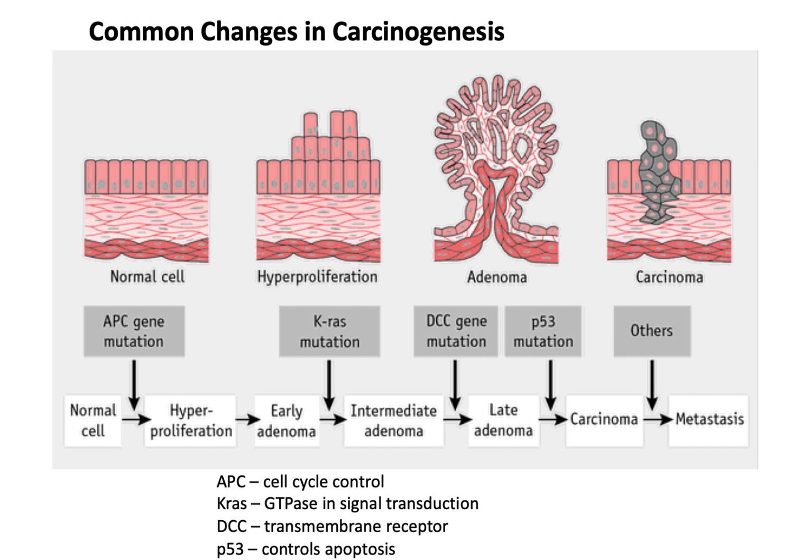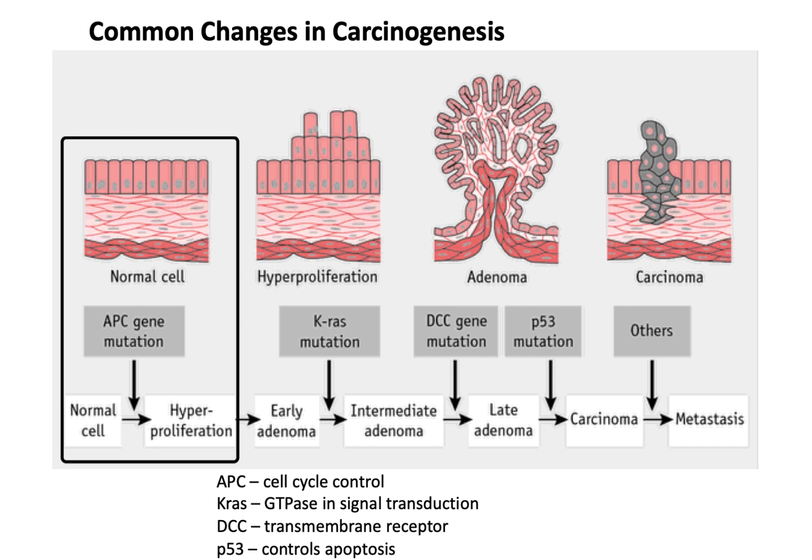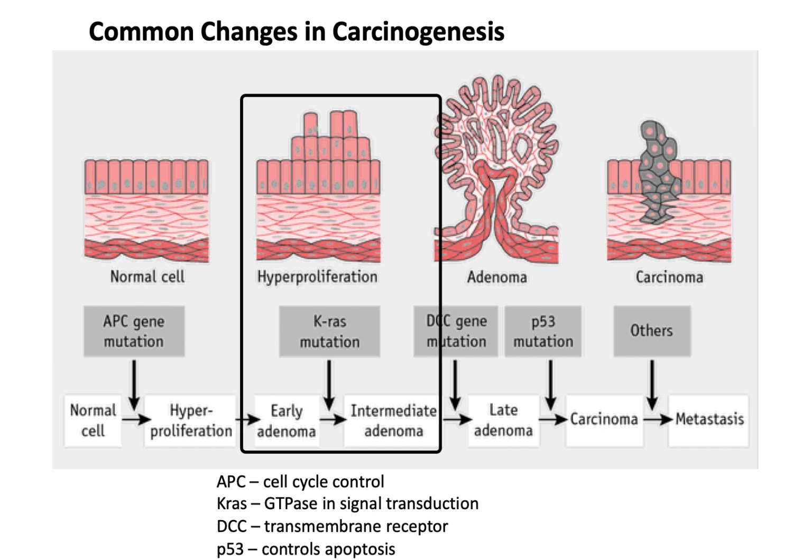So an initial mutation in some types of colon cancer is a mutation in the APC gene, which is a gene that controls part of the cell cycle, in that once this gene and the protein that it forms is lost, then you get more and more cell division. Later on, you can have another gene. We've talked about the RAS gene before, the KRAS in this case. Then you get hyperproliferation of those cells.